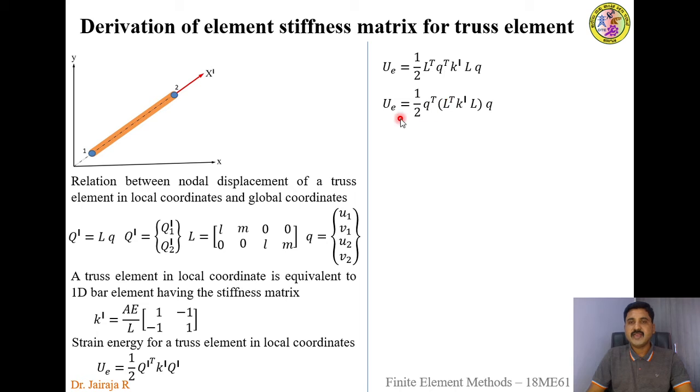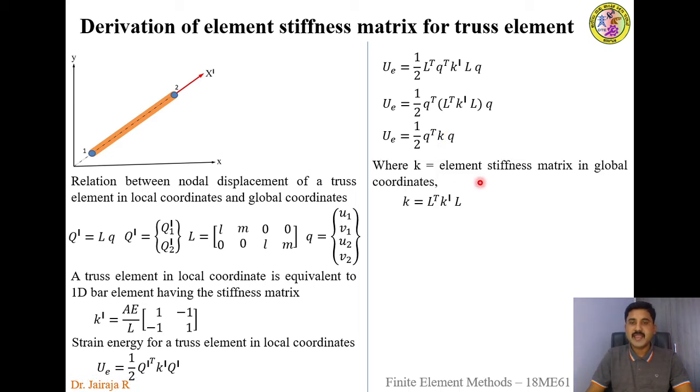This can be rewritten as Ue is equal to half of q transpose (L transpose K dash L) small q. Again this can be rewritten as Ue is equal to half of small q transpose K small q. What is K? K is the element stiffness matrix in global coordinates, and it can be calculated using L transpose K dash into L.